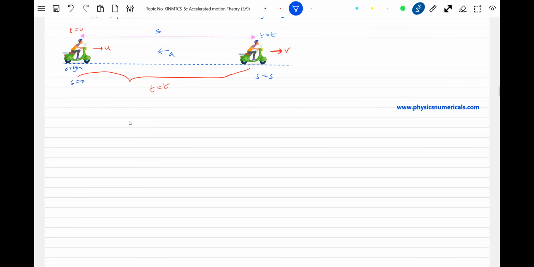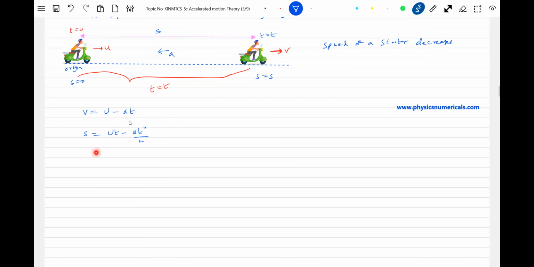In that case, the equation will be v equals u minus at, s equal to ut minus half at square. v is less than u. Speed of a scooter decreases. Then it is said to be undergoing retardation.